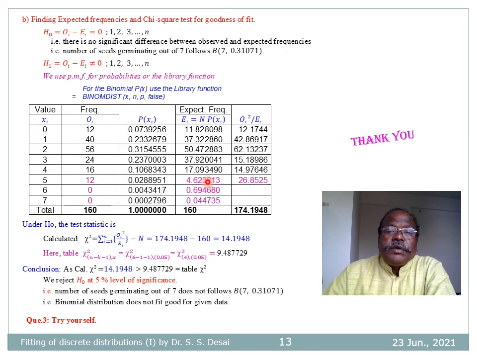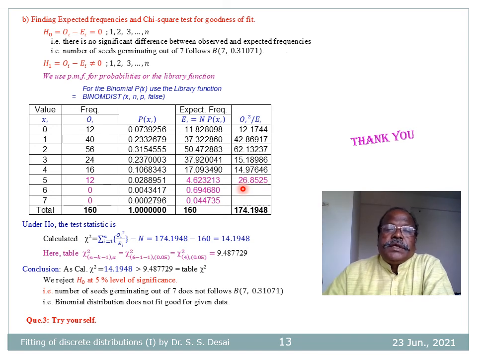So we add up the last three frequencies to have the sum greater than 5, and that's why for these three frequencies we have one single value of this ratio. For that, what we have done is 12 plus 0 plus 0, that is 12 square, divided by the sum of these three frequencies, and that is equal to 26.8525. So this concept is known as pooling of the frequencies.